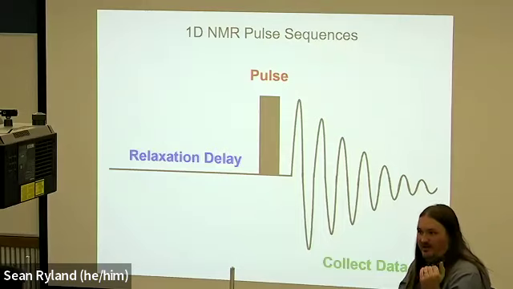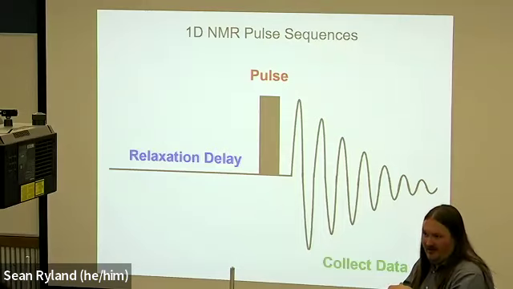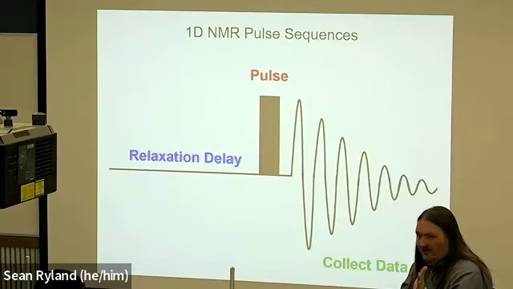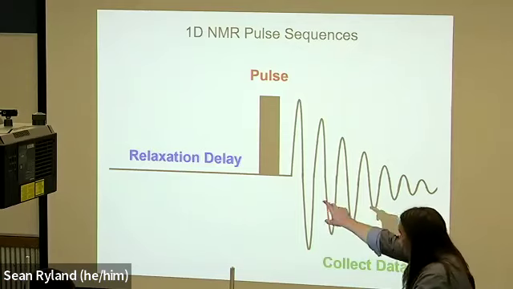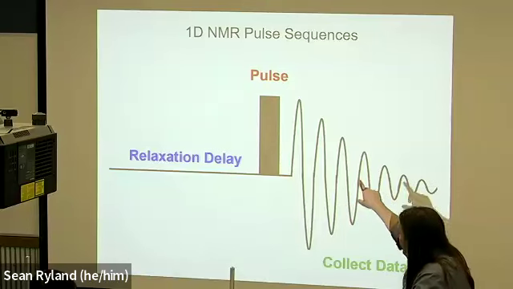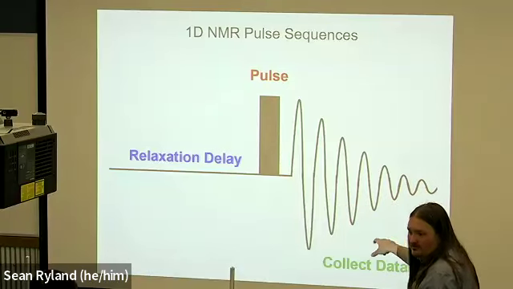They have aligned with the magnetic field, and then they have opposite of the magnetic field. And they don't typically exist outside of those two states. So if we shine light on it, we can get them to flip from with the field to against the field, and then we watch them flip back, and that gives off energy that we can measure. So you let everything relax to its lowest energy state, you shine light on it, and then you watch the signal come out.